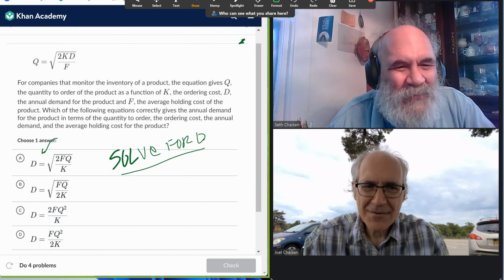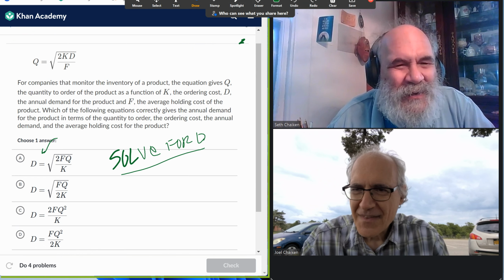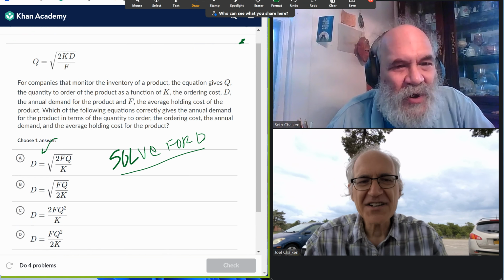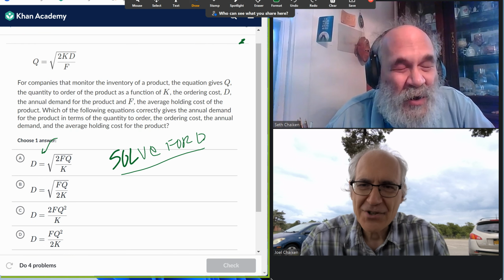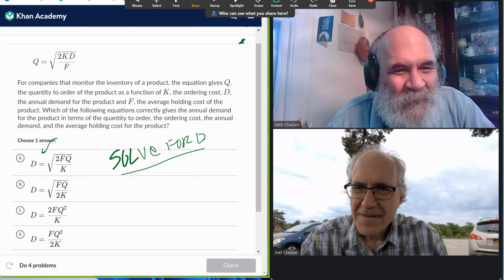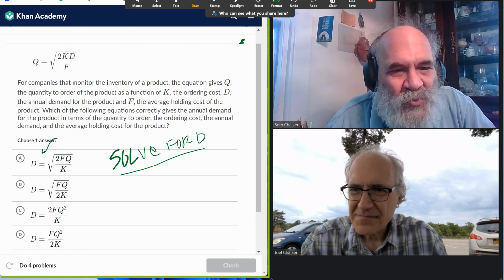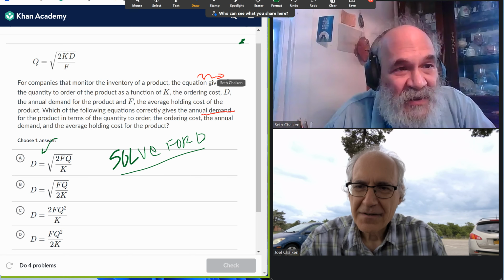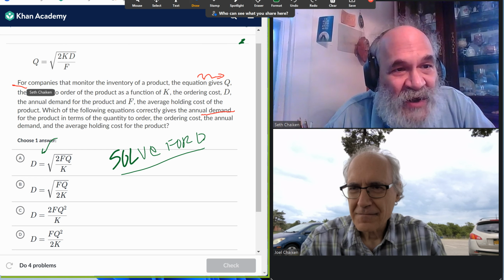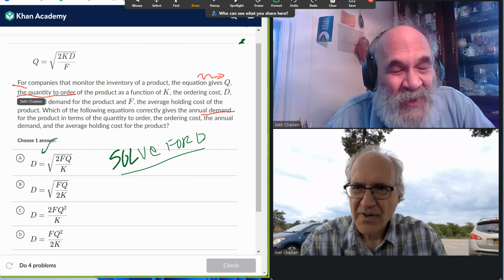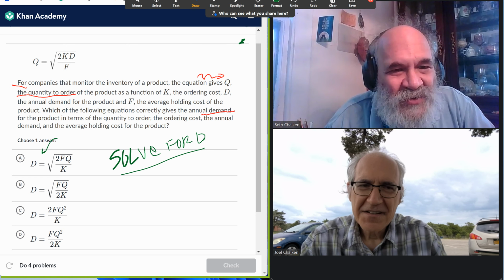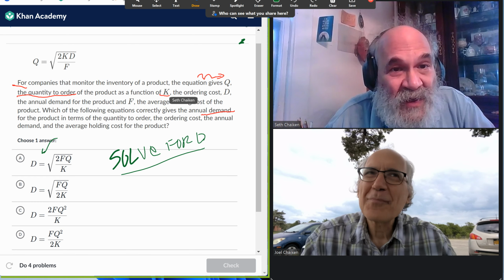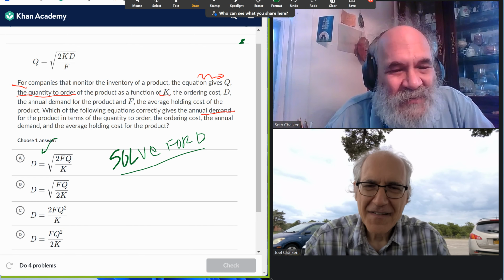So it's solved for D, right? One approach, if you've done enough of these questions, is don't even read the question. But it says so in the problem. It asks for the annual demand. And the equation gives Q, the quantity to order. They don't tell you what K is here. It's the ordering cost.